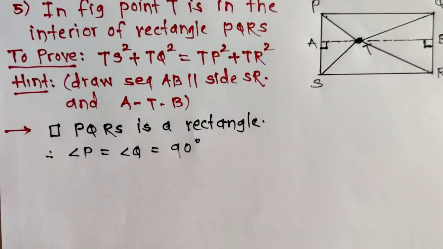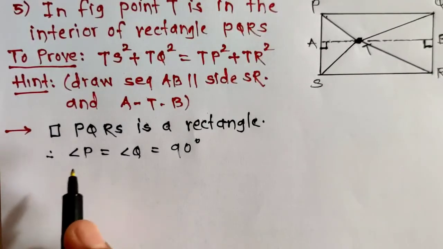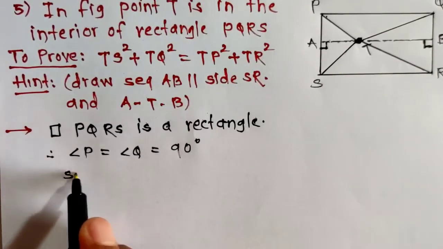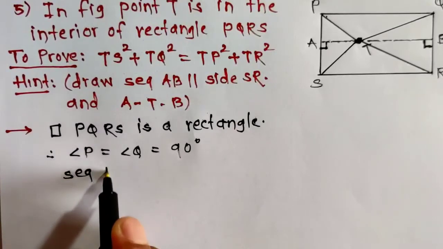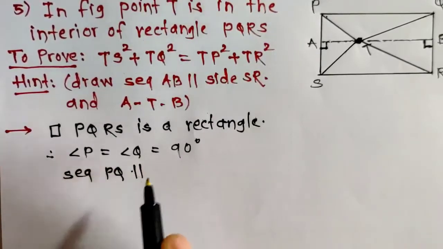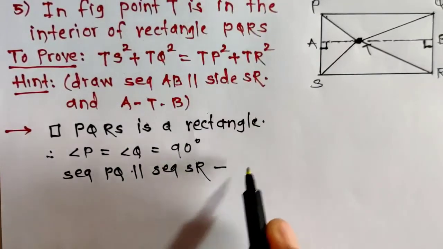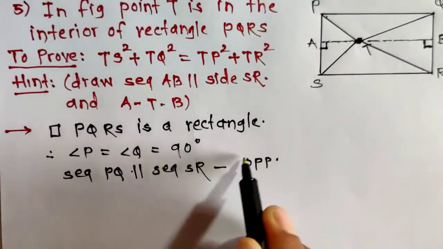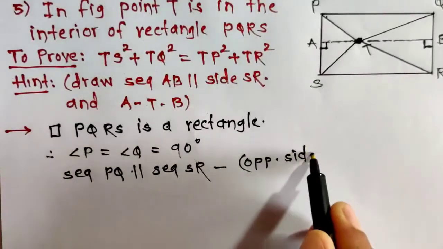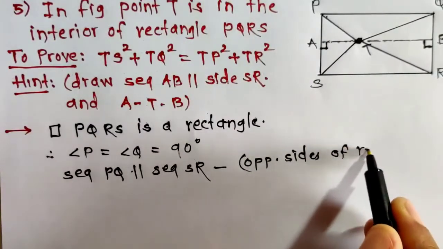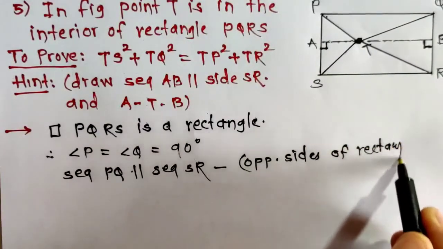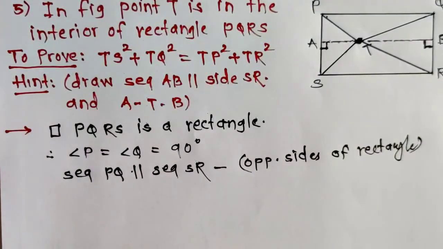Next thing. Now segment PQ parallel segment SR, reason: opposite sides of rectangle. You know opposite sides are parallel and congruent.